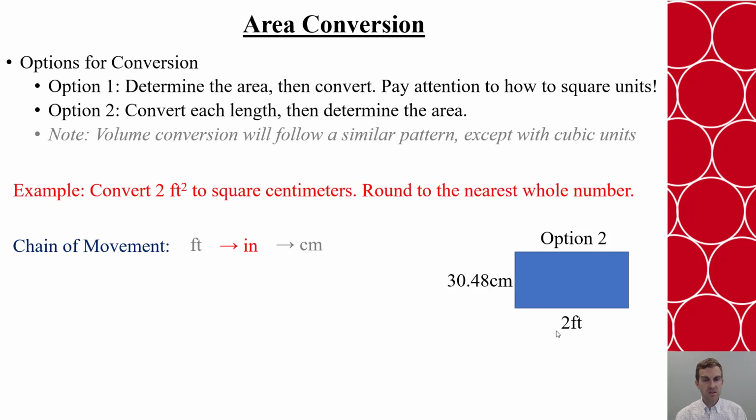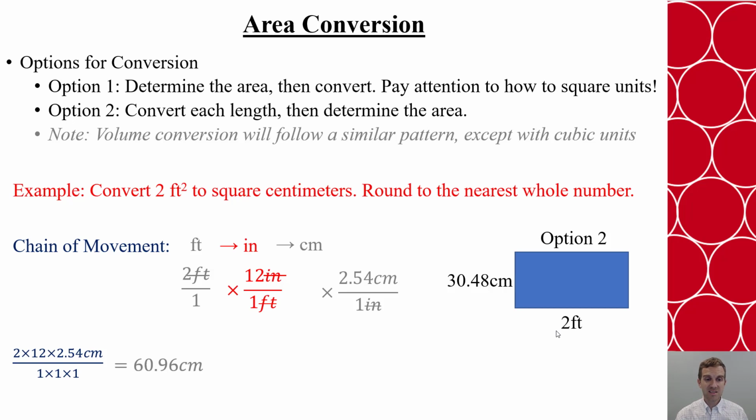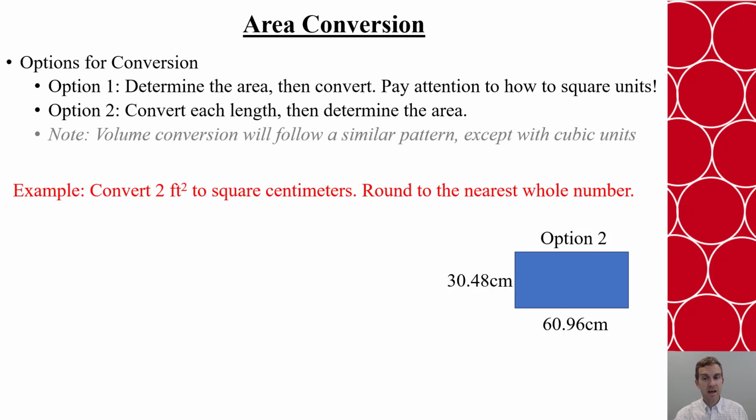Now let's do it for the 2 feet. So I've got 2 feet over 1, again 12 inches in a foot, and 2.54 centimeters in an inch. I multiply across here, and that's going to give me 60.96 centimeters. So now I'll replace that, and since I'm looking at the square centimeters, I can multiply them to get the overall square centimeters.